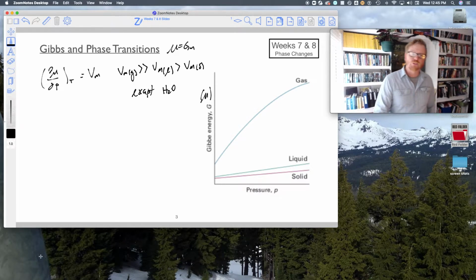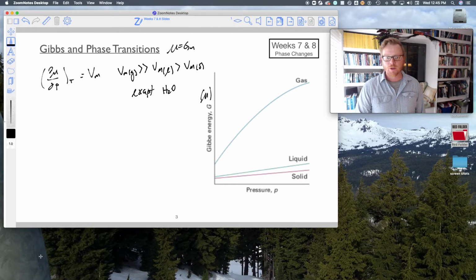The solid phase of water is less dense than the liquid phase, which means the molar volume of H2O as a solid is greater than the molar volume of a liquid. So water is our exception, and you would be really hard pressed to find other materials that share this property with water.